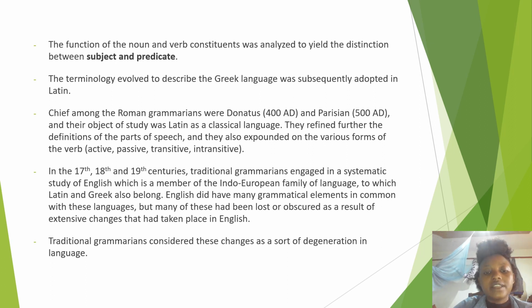English did have many grammatical elements in common with these languages, but many of these had been lost or obscured as a result of extensive changes that had taken place in English. In other terms, traditional grammarians considered these changes as a sort of degeneration in language.